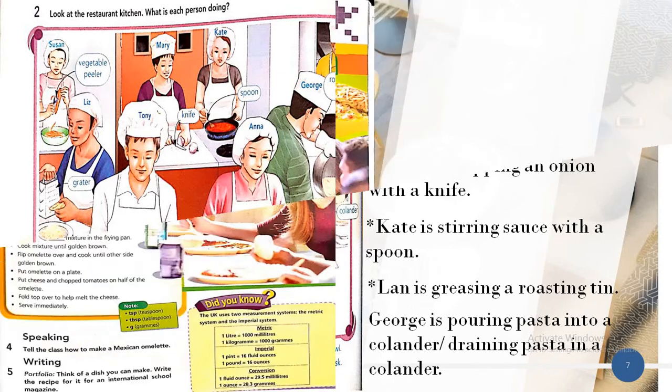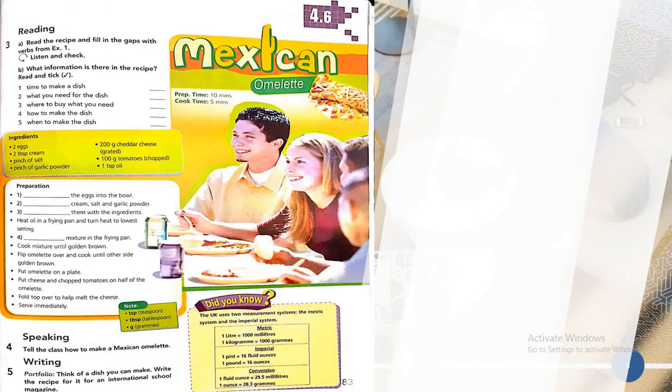And let's move to page 83. So before we start reading, look at the picture. We have a Mexican omelette. So we have here a competition.